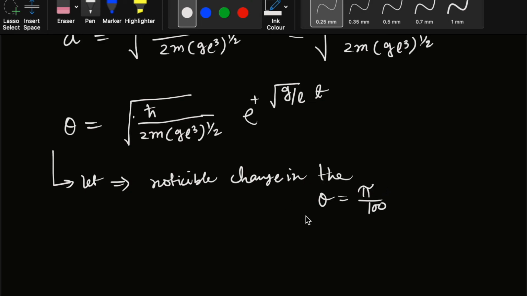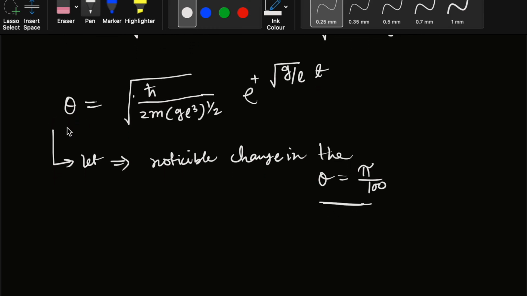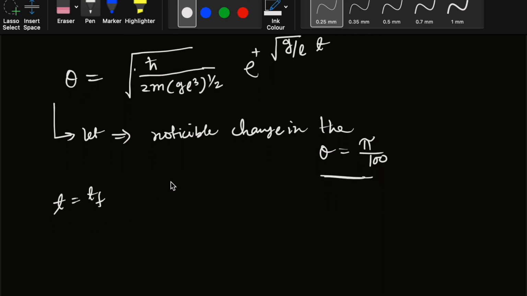If theta is that much, then we can notice the deviation of theta. That means suppose that at t equal to t_f, this change can be noticed due to the Heisenberg uncertainty. So then calculate the value of t_f when we can see this noticeable deviation because of Heisenberg's uncertainty.